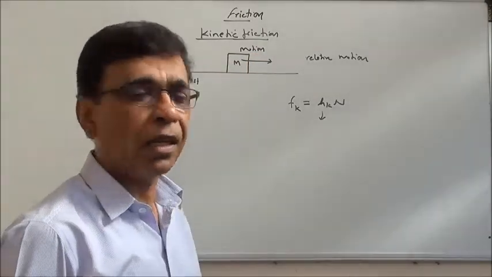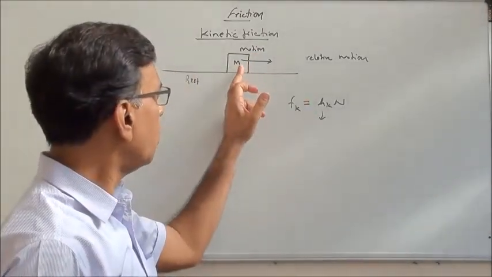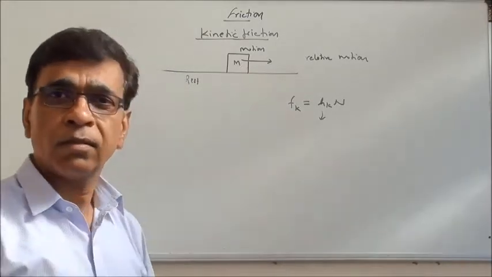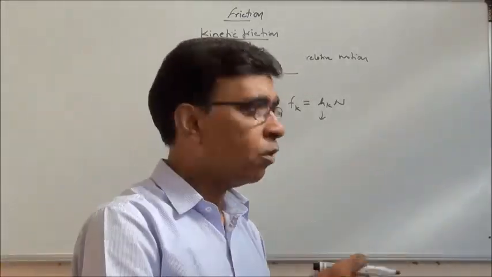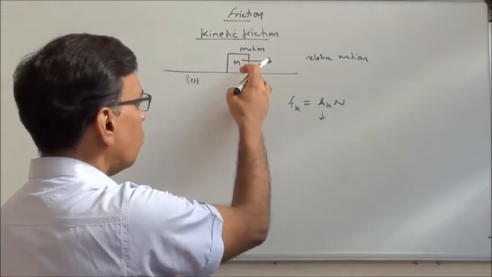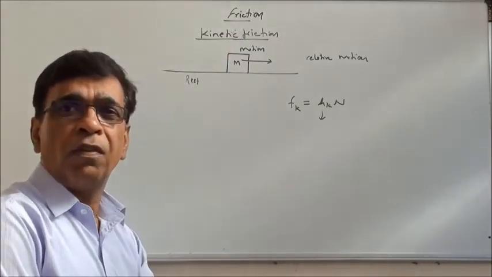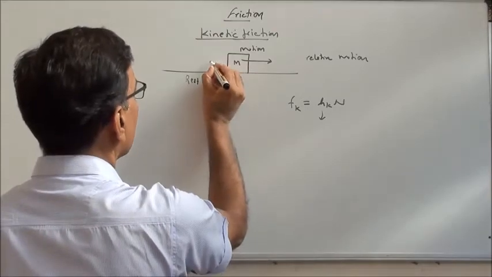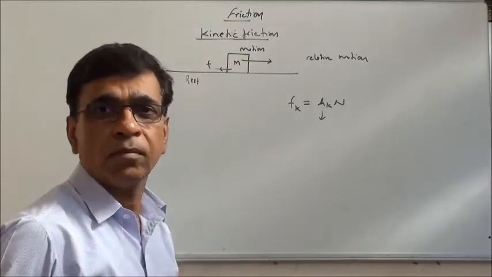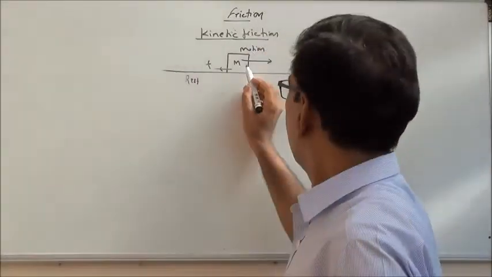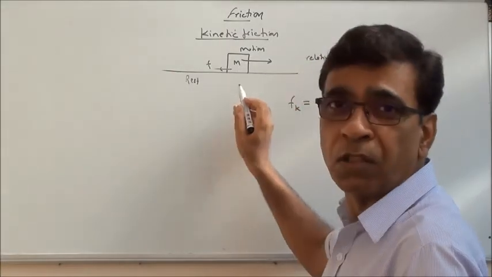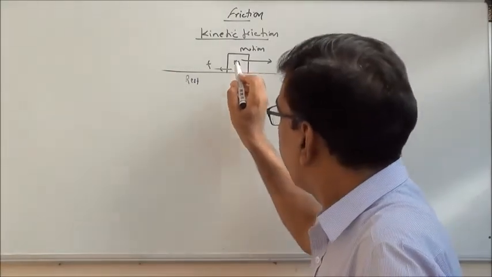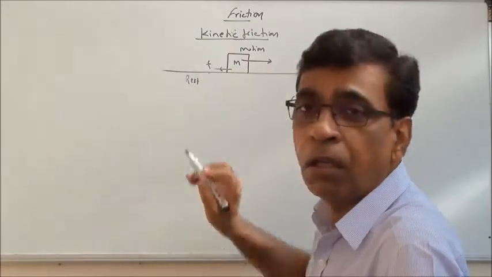What is the direction of motion of this with respect to this? It is forward. So what will be the direction of the frictional force on it? It will be in this direction. This one is moving in this direction with respect to this, so the frictional force on it will be opposite to that.